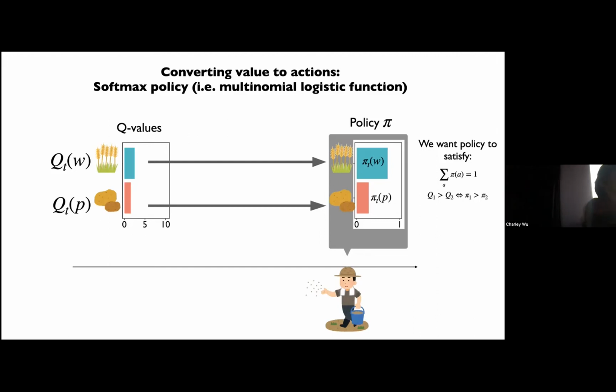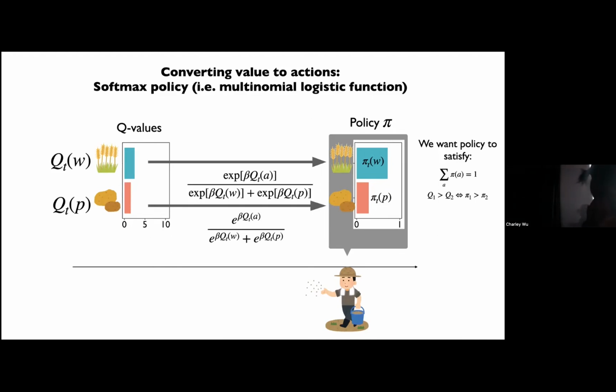The simplest way is to use the so-called softmax function, which is actually a multinomial logistic function. Basically it says the larger the Q value, Q of a, where a is the action, one of the options, the higher the probability, normalized by the sum over all options.